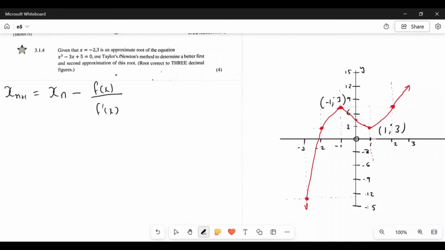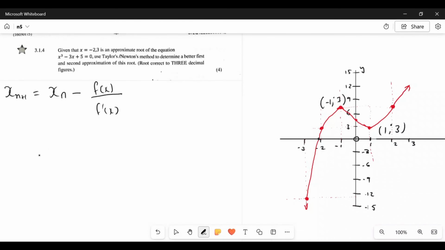So basically what we're doing here, we're trying to find the accurate value of the x-intercept by using this formula. To explain it further, when you get the same approximation, it means that that is the correct answer, or that is the one that is very, very close to the correct answer there on our x-intercept.